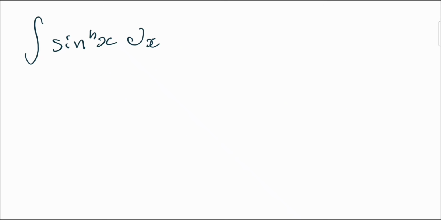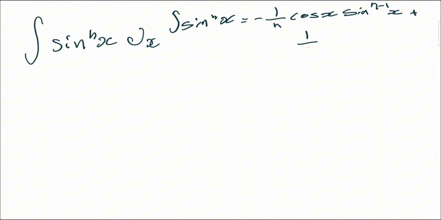Well, if you didn't remember, that's fine, because the integral of sine to the n of x is going to be equal to negative 1 over n cosine x sine to the n minus 1 x plus n minus 1 over n integral of sine to the n minus 2 x.